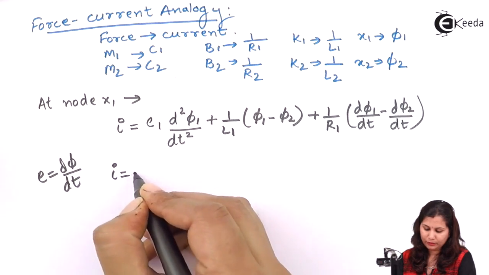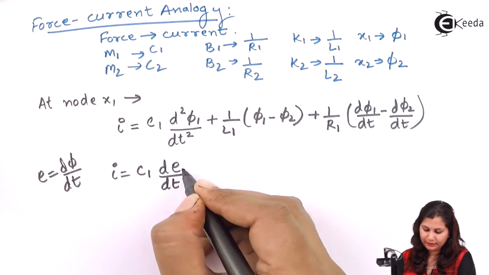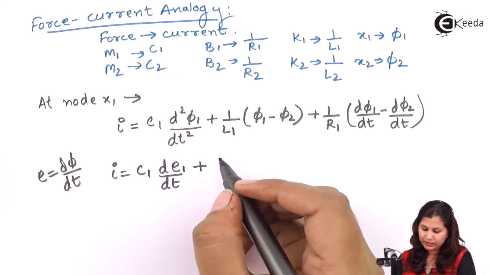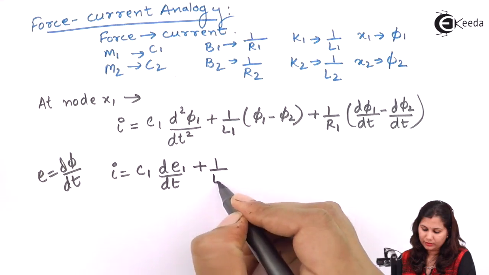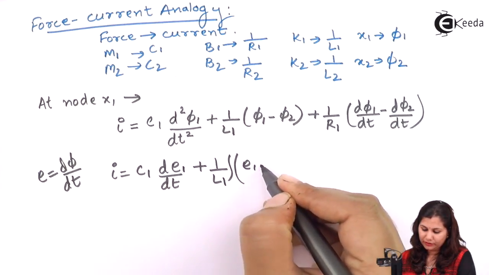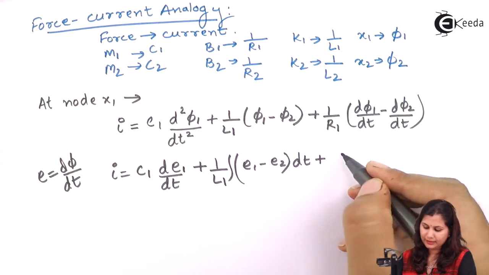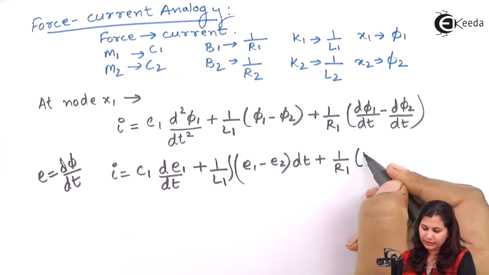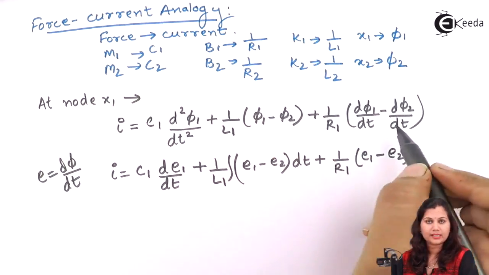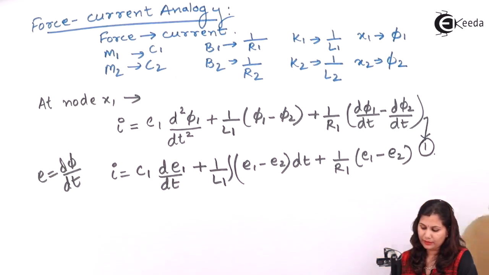We have I equals to C1 dE1 by dt plus 1 by L1 integration of E1 minus E2 dt, plus 1 upon R1 times E1 minus E2. Or we can either use this equation also, this is the current equation, so we can use these equations.